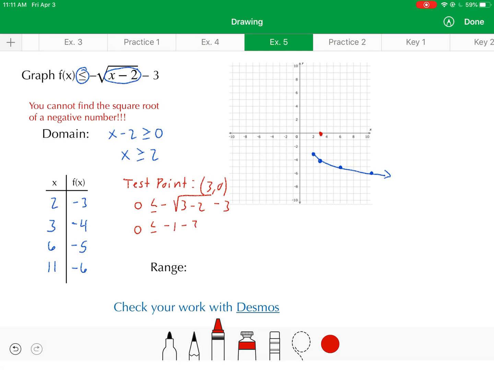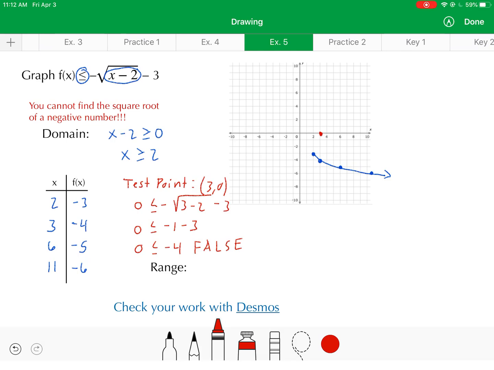Take the negative of that. So 0 is less than or equal to -4, which is a false statement, correct? So that tells me this test point is not part of the solution set.